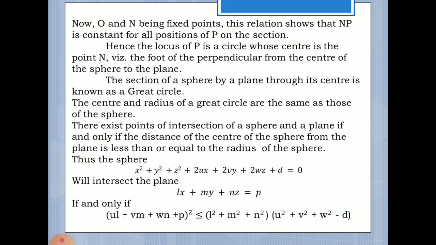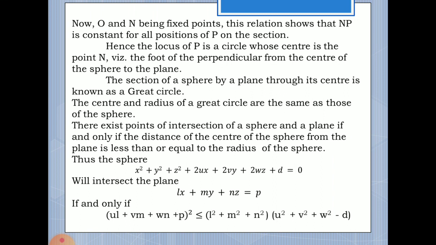Guys, in today's lecture, you have to only remember 4 or 5 things for MCQ. First is, what is a plane section? Plane section means if a plane intersects the sphere, then the set of points which are common to the sphere and plane is called a plane section of the sphere.